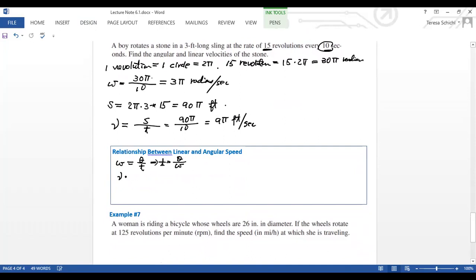Then the linear velocity is s over t, which means t is equal to s over v. Both of them are equal to t.